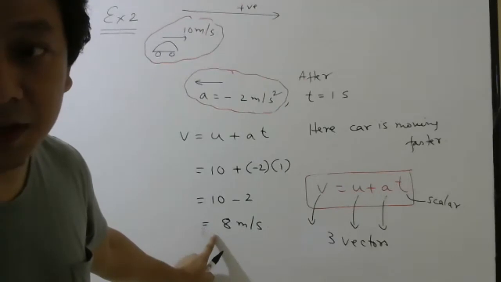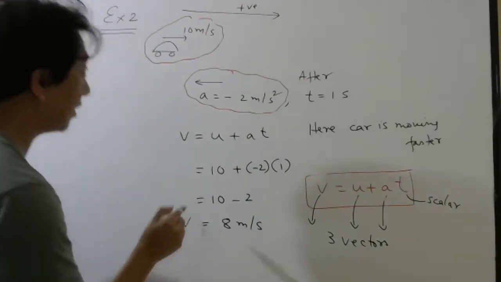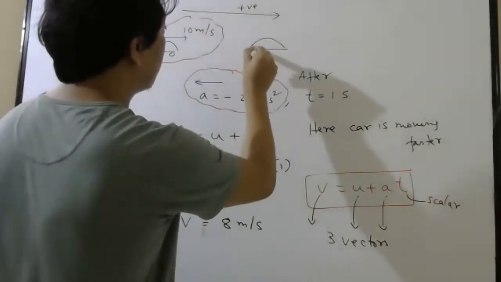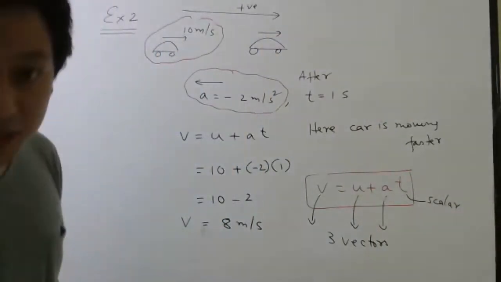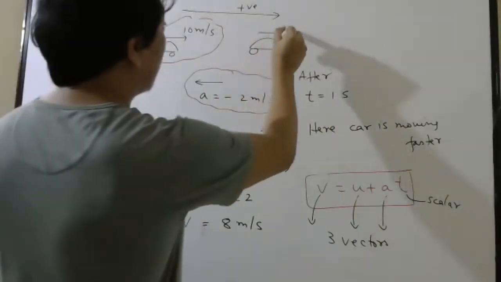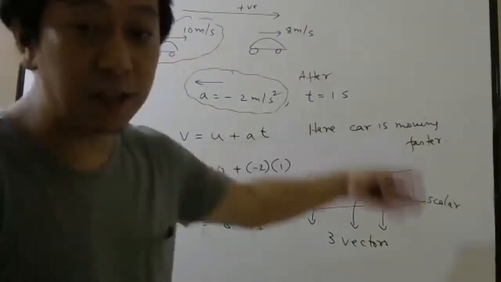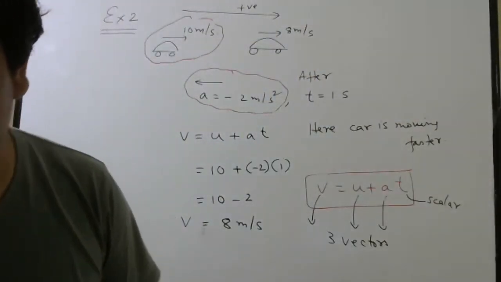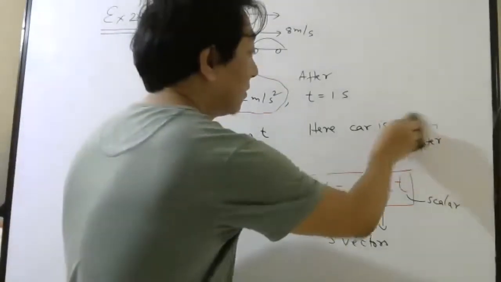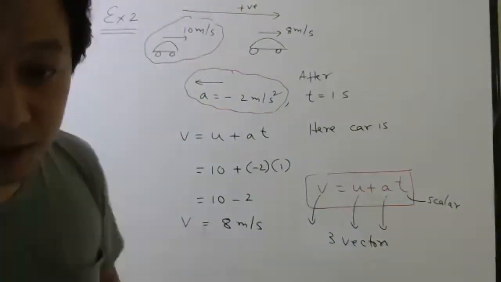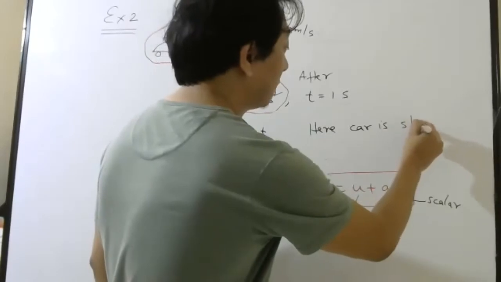Since velocity is positive, the car is going this side only, but it is going with 8 meters per second. Check the answer: should I say it is moving slower or faster now? Now I should say the car is moving slower.